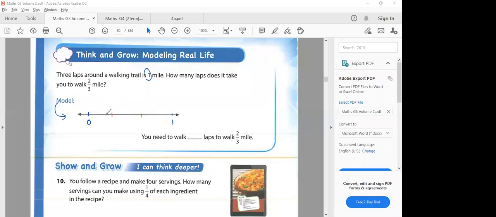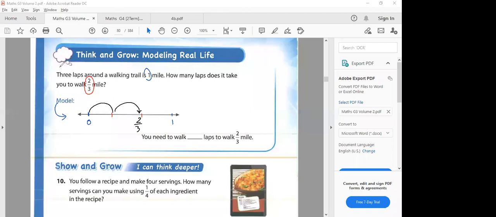Okay, like this. So we need to walk 2 over 3. So how many jumps, as you said? 2. 1, 2 jumps. 2 jumps will be here. So we're gonna put 2 over 3 exactly here.